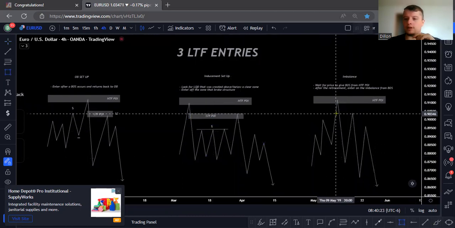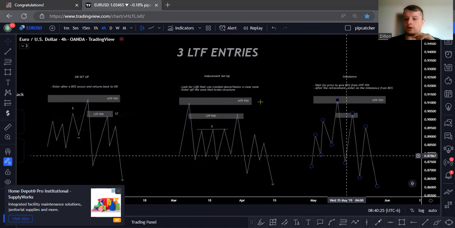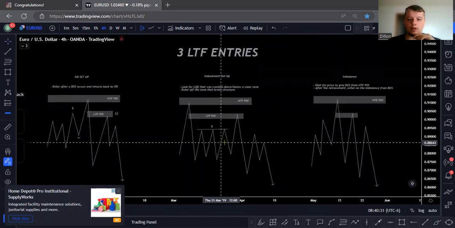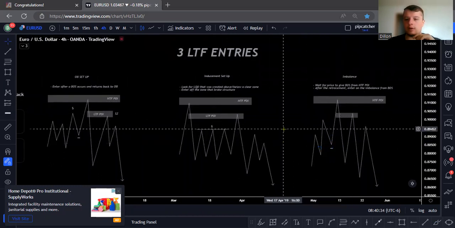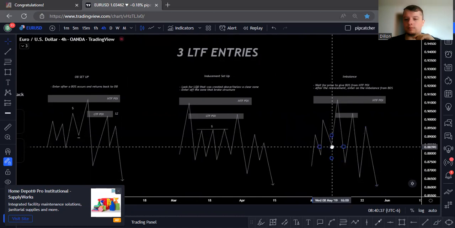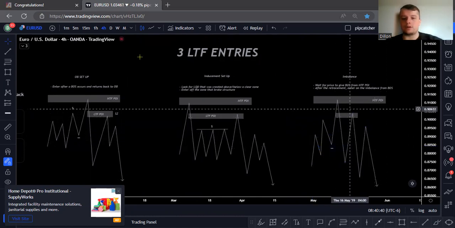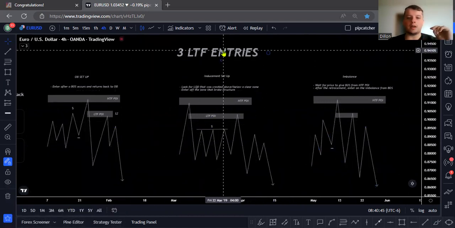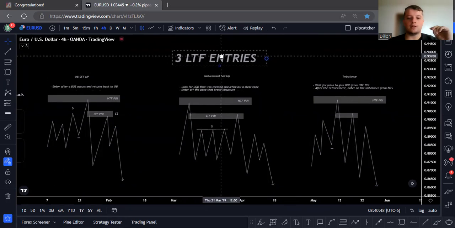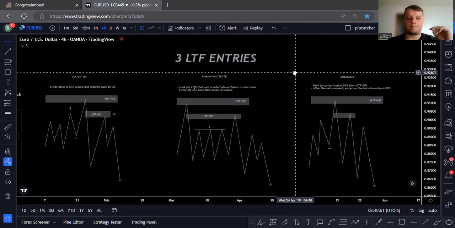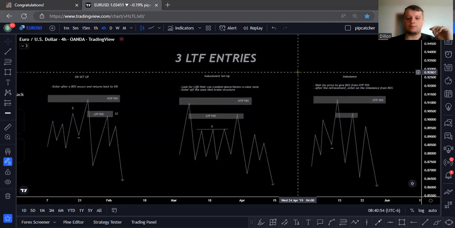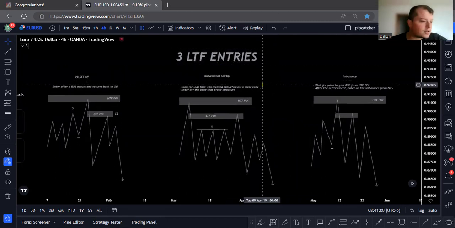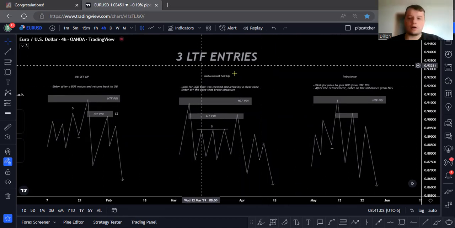So say there's an inefficiency, right, after this break of structure, which we see right here. First off, let me see. Yeah, right here, right? I'm not going to label the breaks of structures. If you follow me, you should already have a break of structure implanted in your brains on what that looks like. So enter off the zone, right?